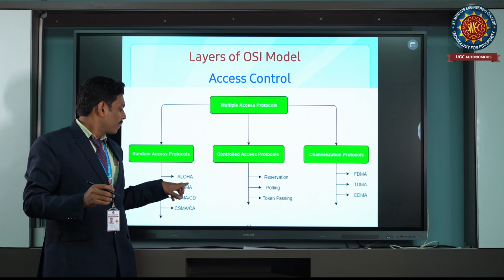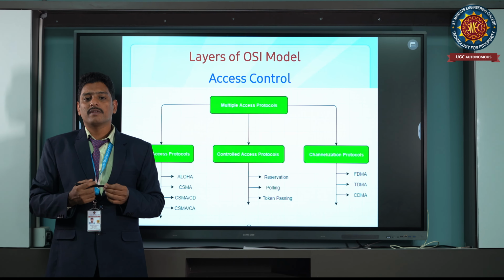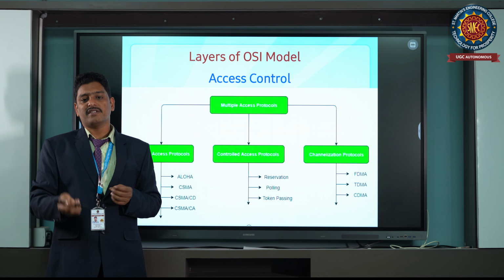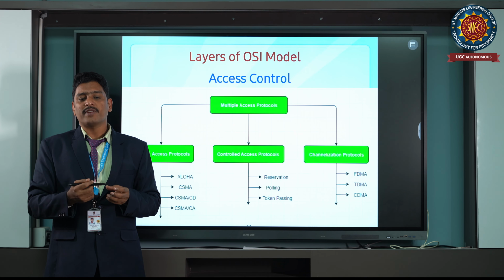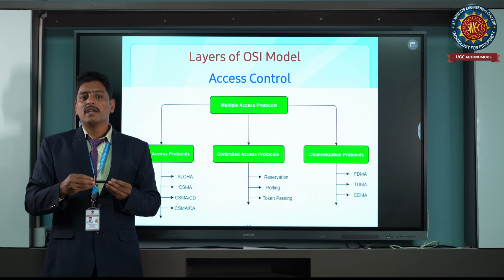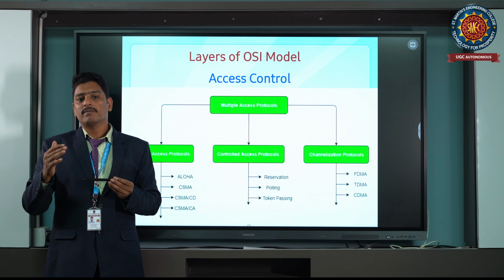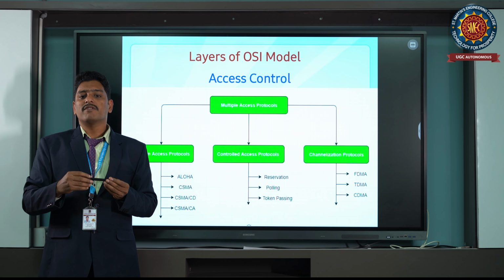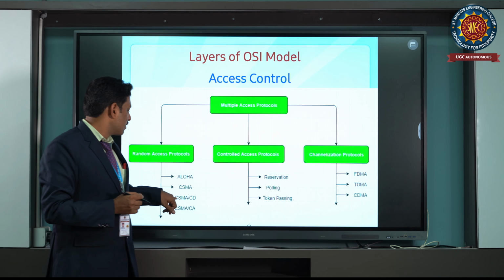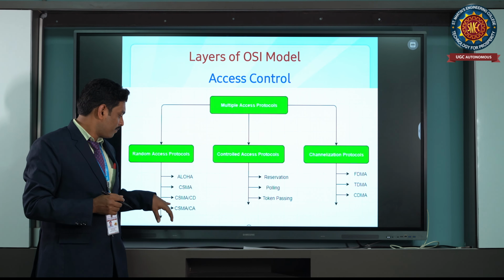Coming to the next one, p-persistent. In p-persistent, first listen to the media. If the media is free, send the data. If it is not free, it does not continuously sense the channel. After a random amount of time, packets will be transmitted. Next one, carrier sense multiple access with collision detection protocols.